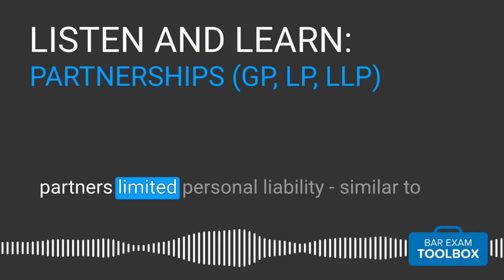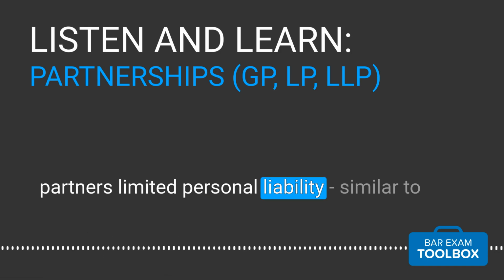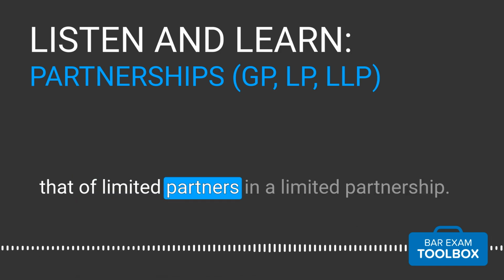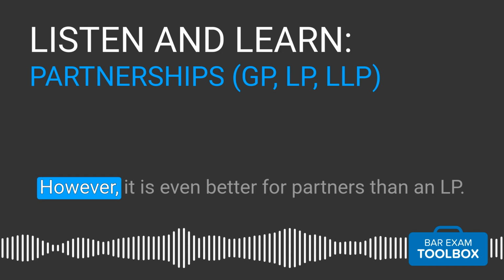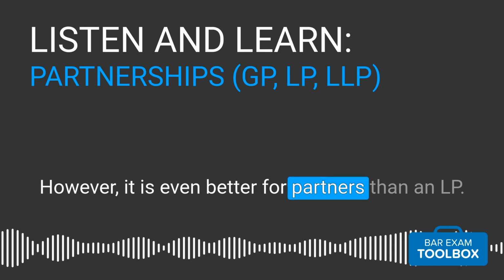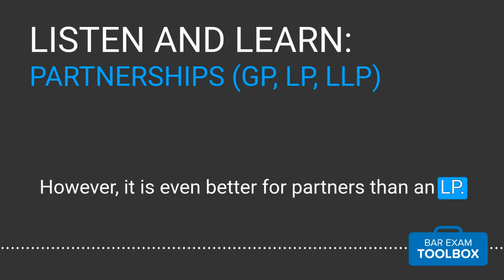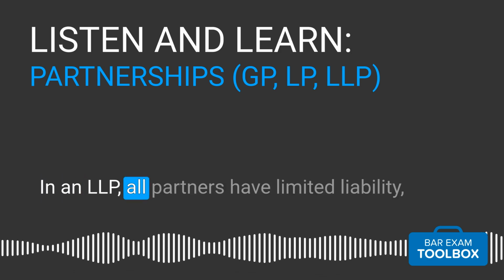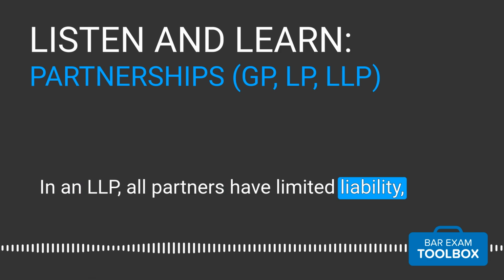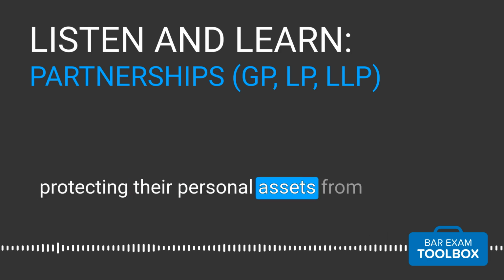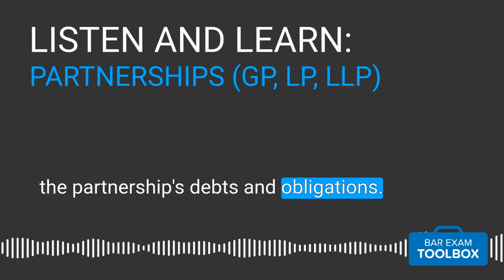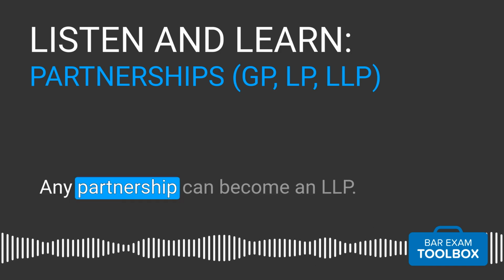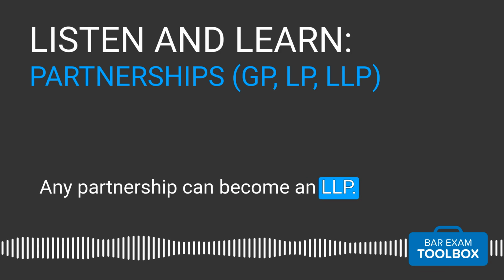Limited liability partnerships, or LLPs, offer partners limited personal liability, similar to that of limited partners in a limited partnership. However, it is even better for partners than an LP. In an LLP, all partners have limited liability, protecting their personal assets from the partnership's debts and obligations. Any partnership can become an LLP.